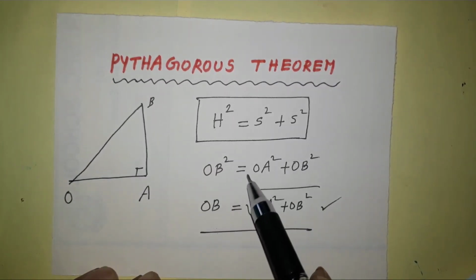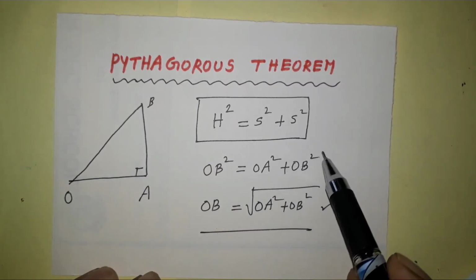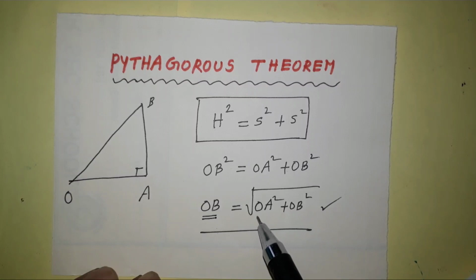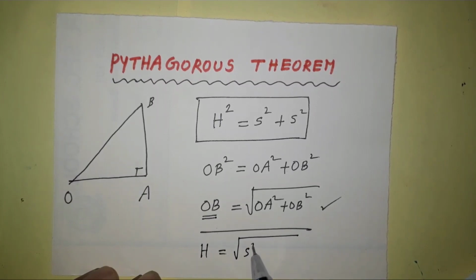So OB square is equal to OA square plus AB square. If you want to find the hypotenuse OB, the formula is root over OA square plus AB square. Nothing but hypotenuse is root over side square plus side square. So we are going to use this Pythagoras result in getting the irrational numbers on a number line.